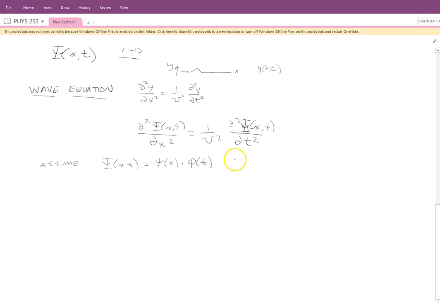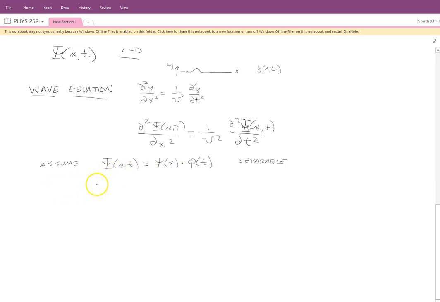That's what we mean by separable. And traditionally, the function of x is indicated with a lowercase psi. It doesn't have the bars on it, and a phi. Okay, so little psi of x times little phi of t is how we can write this wave function.